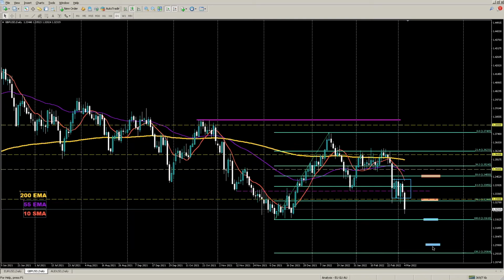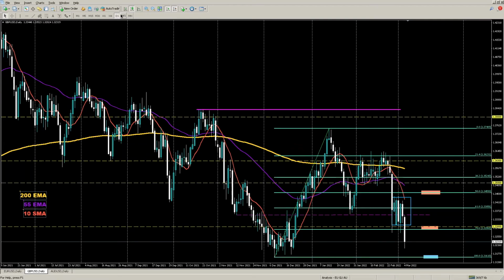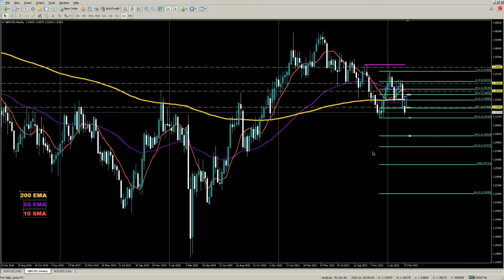And for now, we'll leave this at the 138 pip extension. That's a major support level. Let's take a look on the weekly time frame. And yes, we can see that this is a support level here. Let's identify this zone.